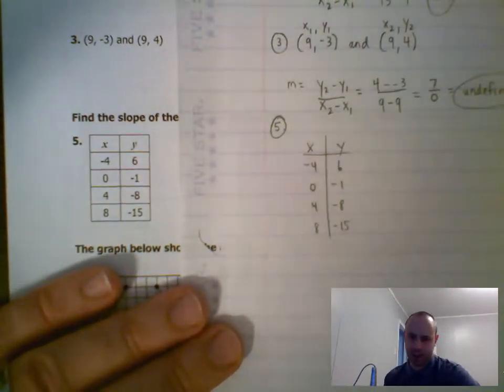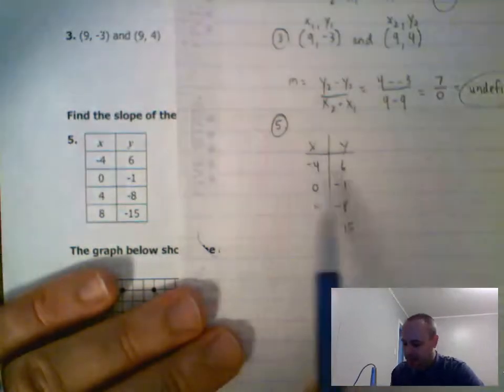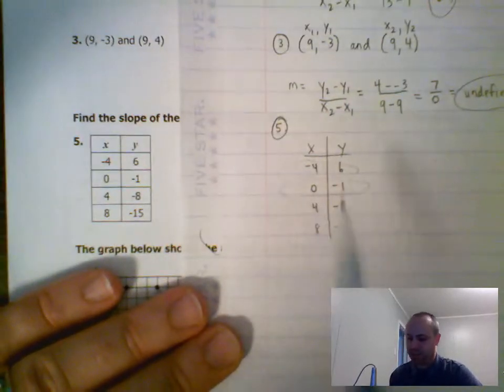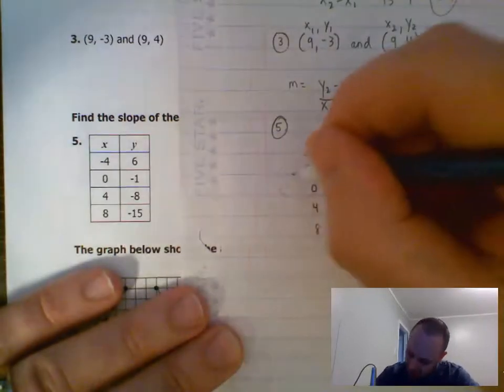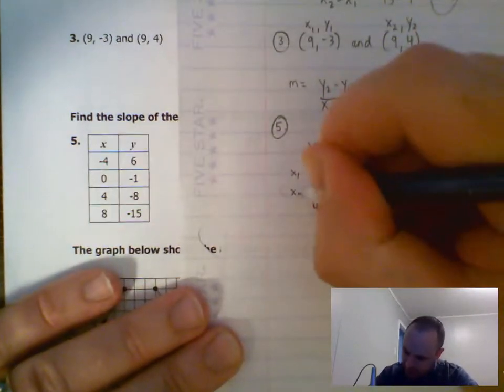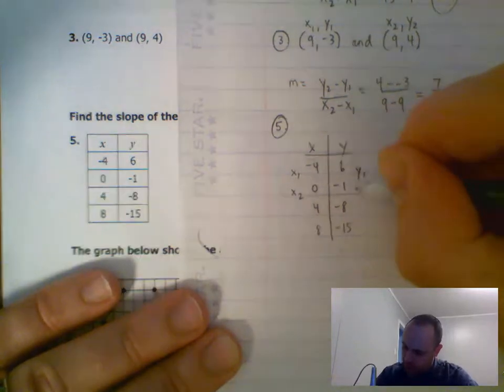Zohara asked a good question on this one day. I just like taking the first 2 points, but you could take this point and this point if you wanted to. We're just going to call this x1, x2. We're going to call this y1, y2.